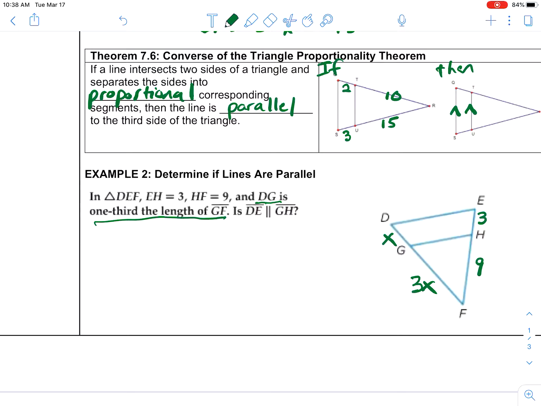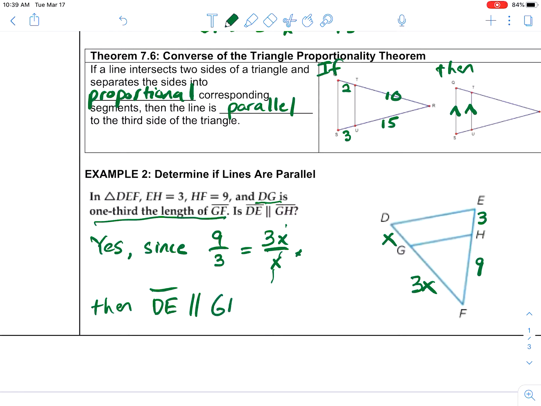So yes, since 9/3 is equal to 3x over x, in other words, if we cancel these out, we see that we have a 3:1 ratio over on this side. Then DE is parallel to GH.